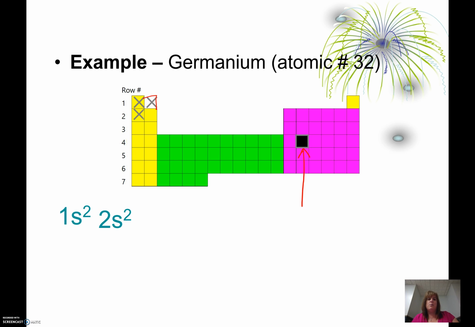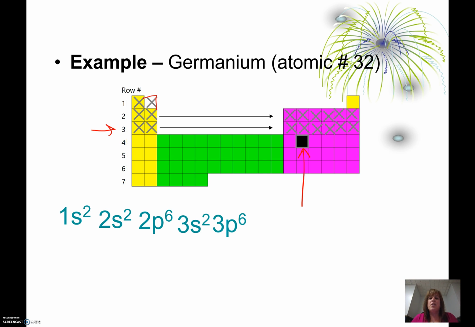We filled up the S, we go to our next row, which is 2s2, and notice I can go all the way across, and I'm still in the 2nd column. Now I'm in the P block. I haven't gotten to germanium yet, so I'm going to put 6 electrons, so that's 2p6. I now go to my next row, which is the 3rd row, and I fill 3s2. Still going, I haven't reached germanium yet, so I go to the next one, which is 3p6.